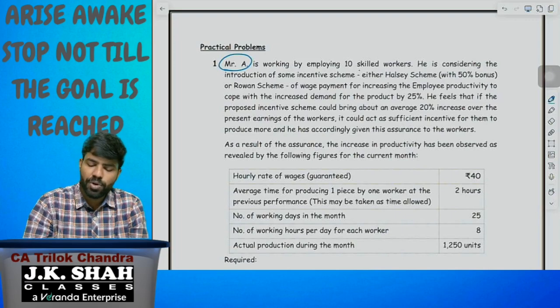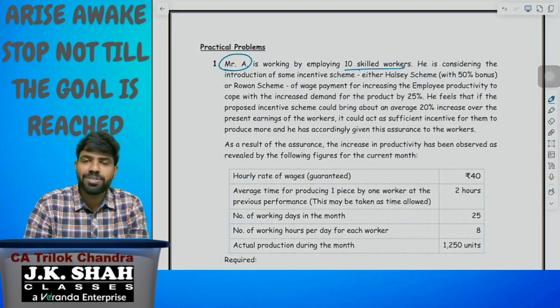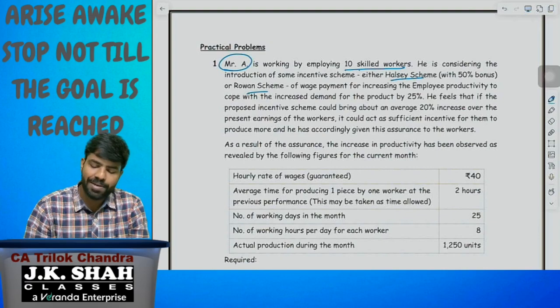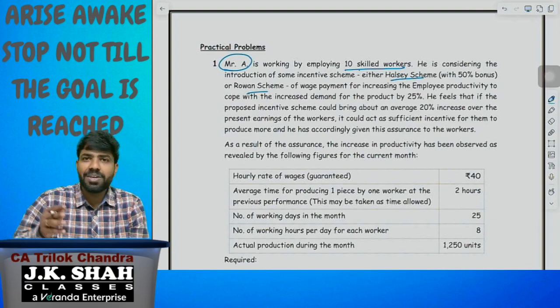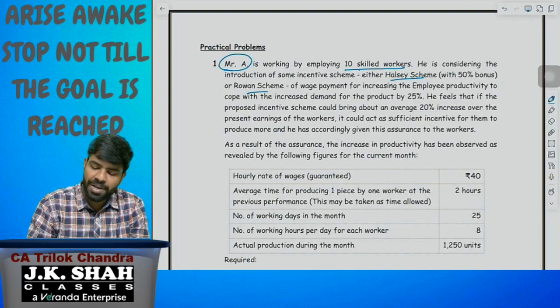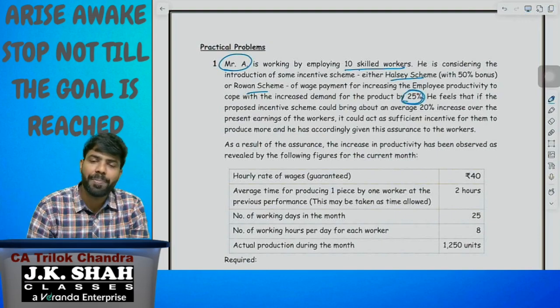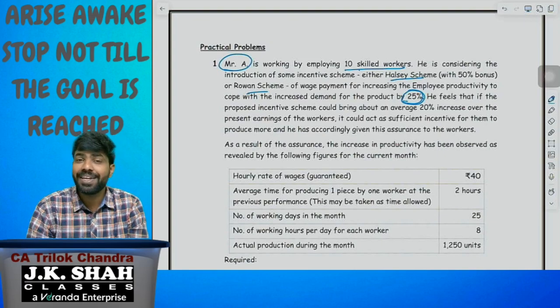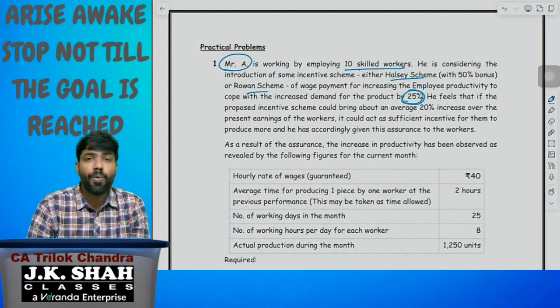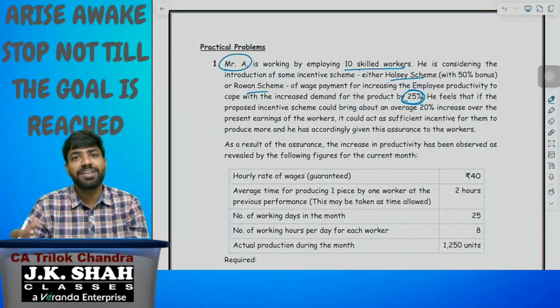So what is the question? Mr. A is recruiting 10 skilled workers and doing some tasks. Now he is considering implementing an incentive scheme, either Rowan or Halsey. Why? Because he requires more production. Why does he want more production? Because there is an increase in demand by 25%. Now, what he planned is to implement the incentive scheme where it can compensate.